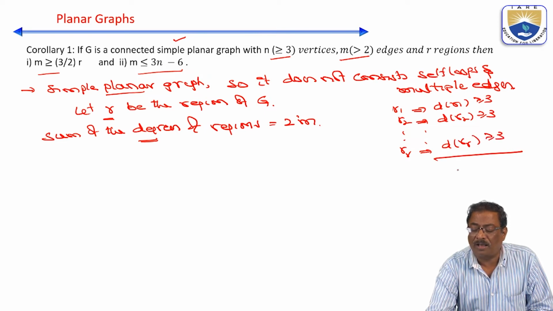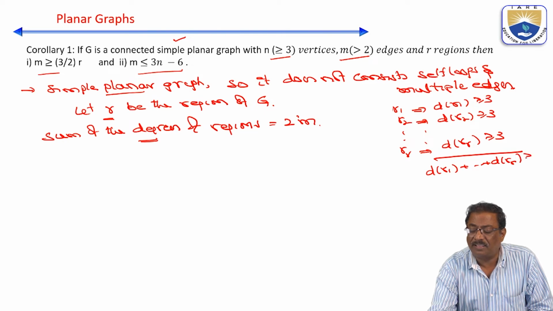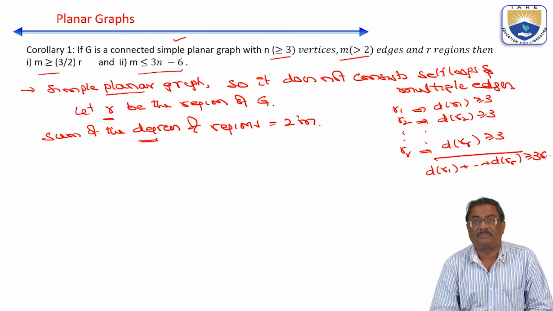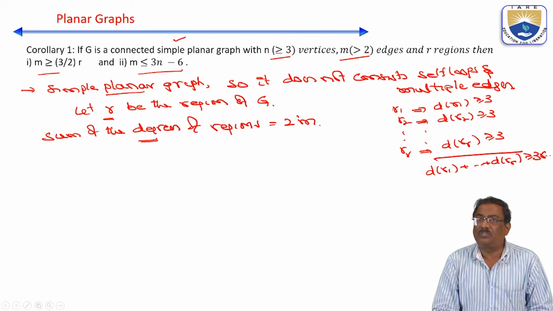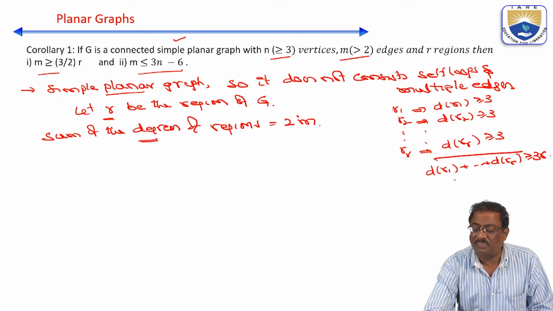Then I am going to add all the things. So degree of R1 plus degree of R2 plus and so on, degree of Rr is greater than or equal to 3r. So this is nothing but the sum of the degrees.